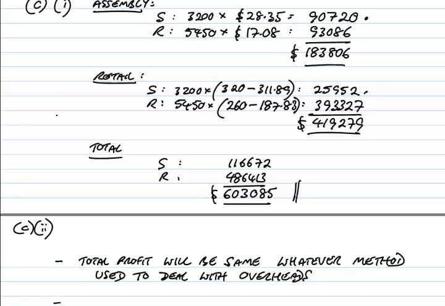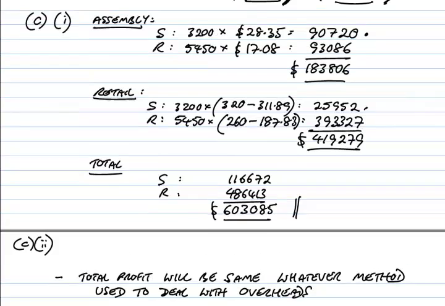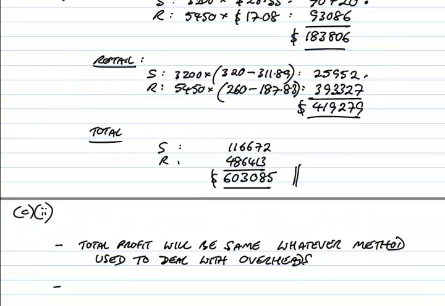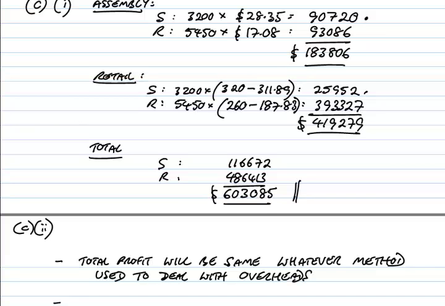Look at the figures above. If you look at product R, the retail division, at the moment they're using labour hours and they only make a profit of 99,000. If we use machine hours, they'd be making a lot more profit, and similarly activity-based, a lot more profit.